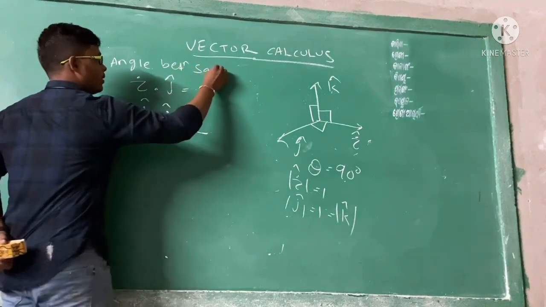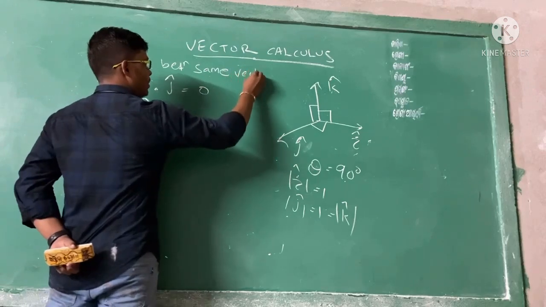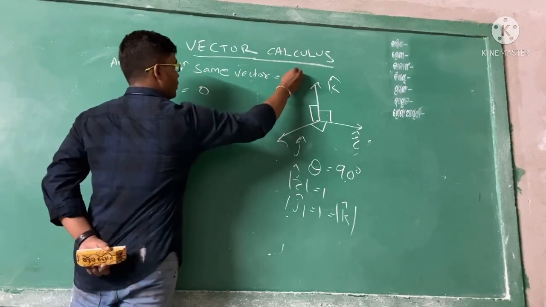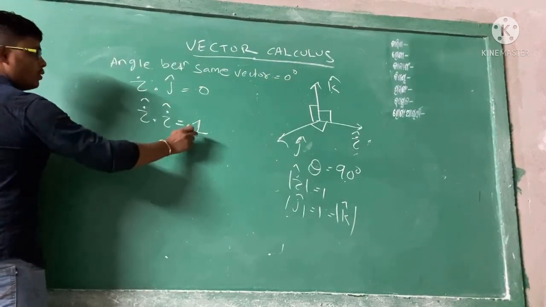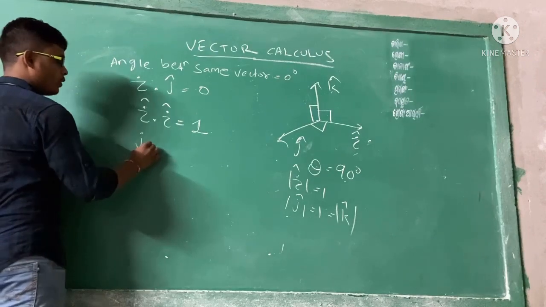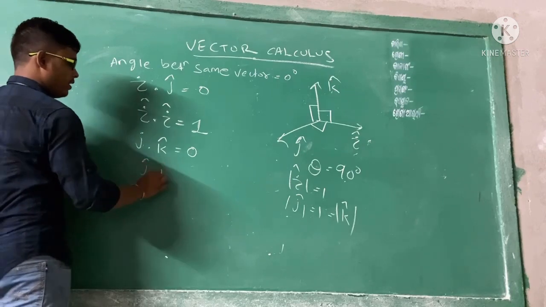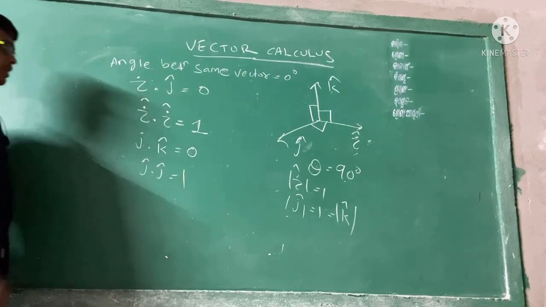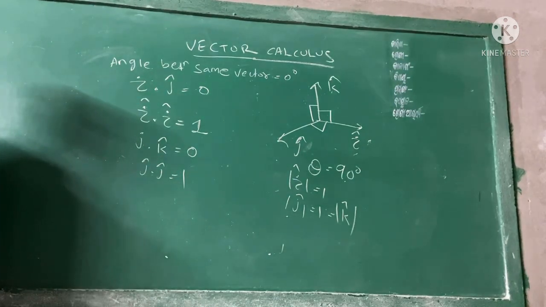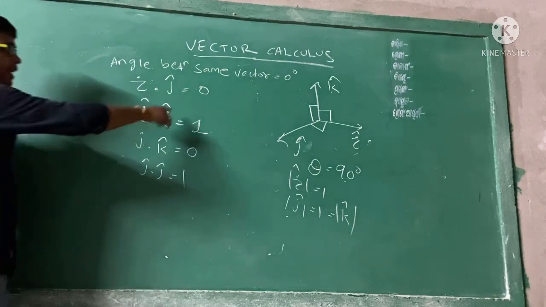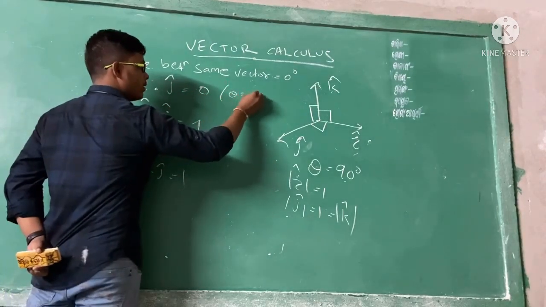The angle between the same vector is 0. If it is a vector and the same vector, then the angle is 0. The angle between i cap and i cap is also 0. But the angle between i and j is 90 degrees, because i is in the x direction and j in the y direction.